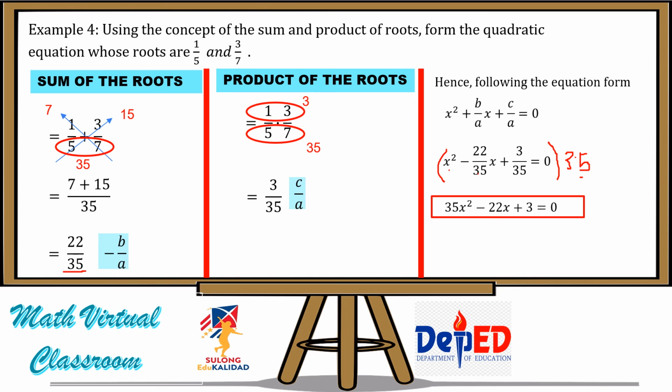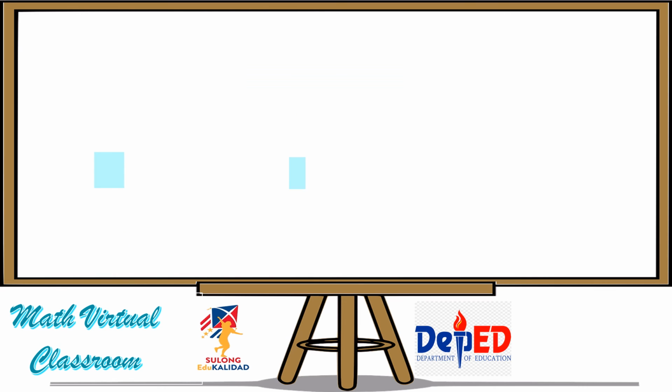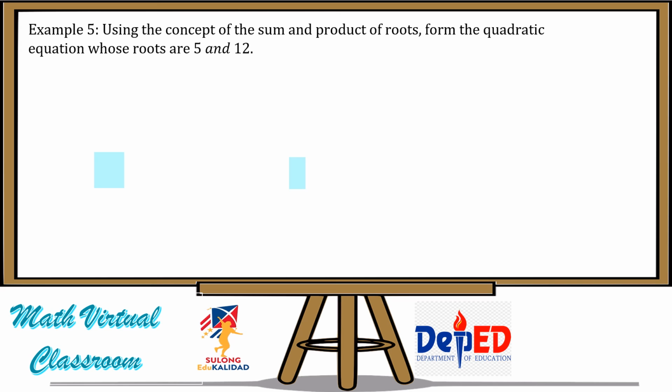Let us have another example. Using the concept of the sum and product of roots, form the quadratic equation whose roots are 5 and 12. So we follow the same procedure as in example number 3. So we first get the sum of the roots.